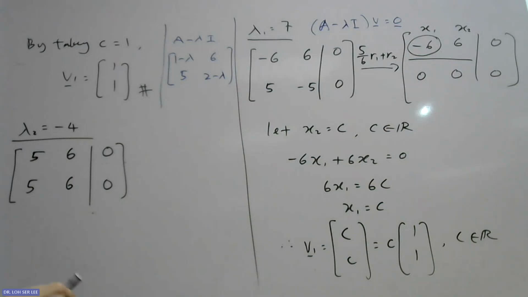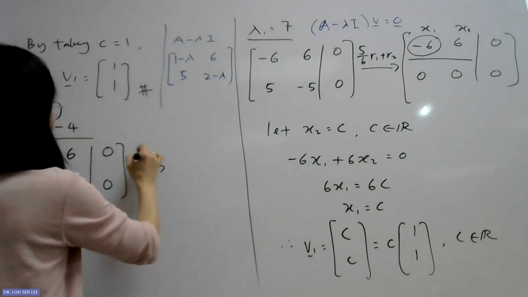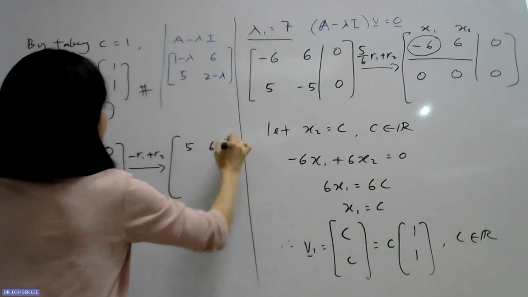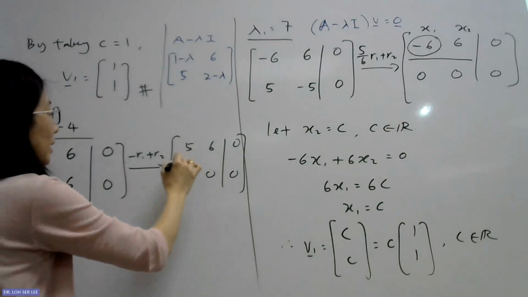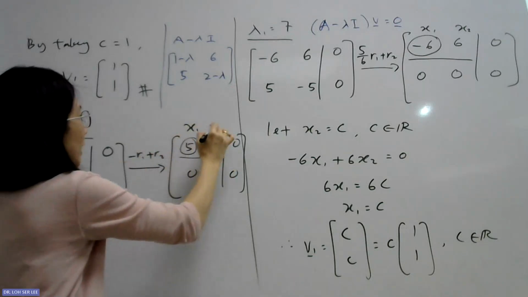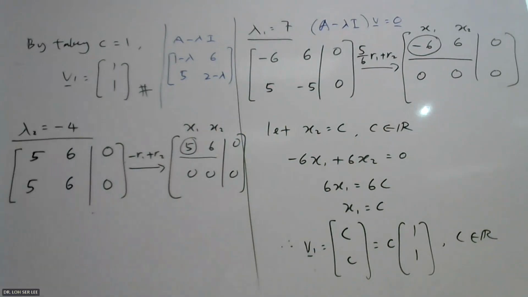Okay, so this one you already use. You get a negative R1 plus R2, so 5, 6, 0, 0, 0, 0. Staircase, pivot, x1, x2.